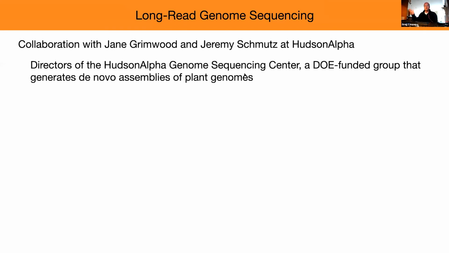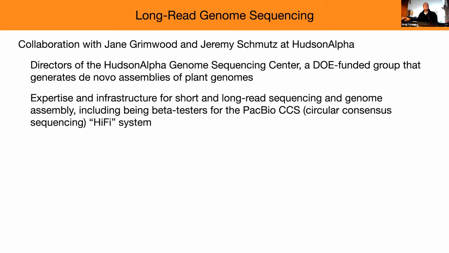So cotton and soybeans and poplar trees and all kinds of things. Because of their interest in assembly of complex genomes, they have expertise in infrastructure for generating assemblies, which includes both short and long reads, and also a lot of the intellectual expertise and computational work power to generate assemblies.